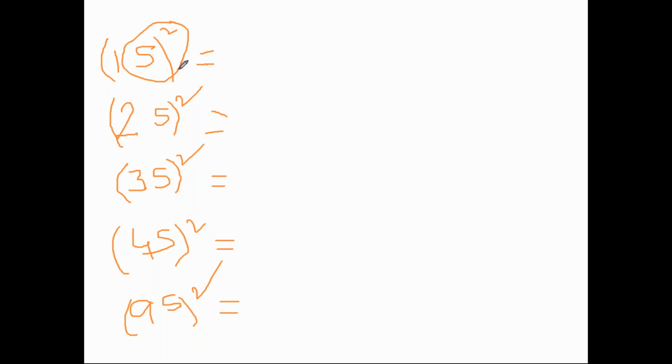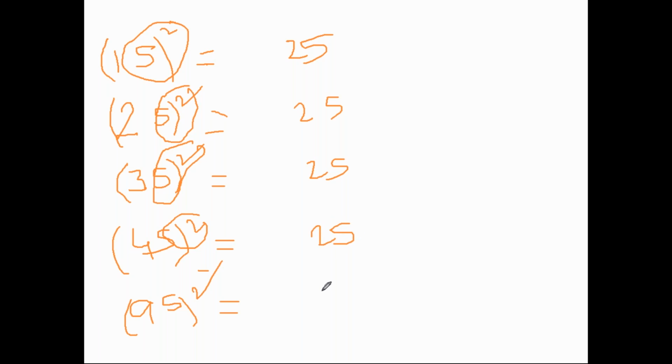Every number is ending with 5, right? So what is the value of 5 square in each case? 25, sir. So compulsorily the last two digits are 25. And the second step: what is the next number for 1? 2. 1 into 2 is 2, so 225 is the value of 15 square.